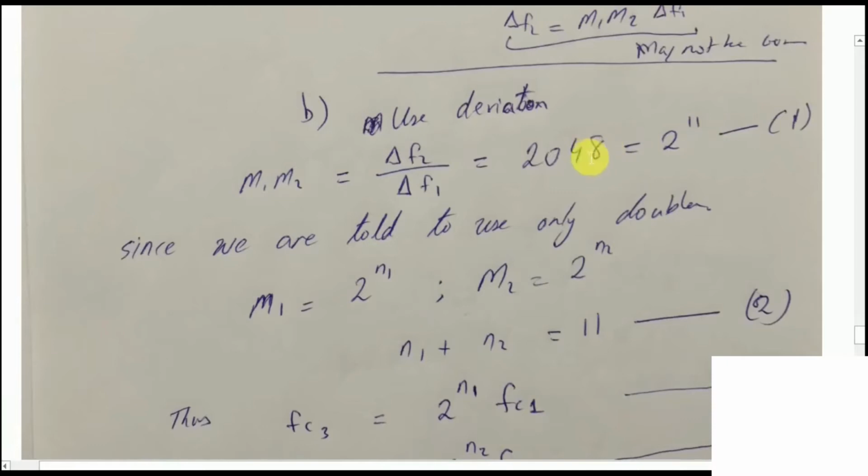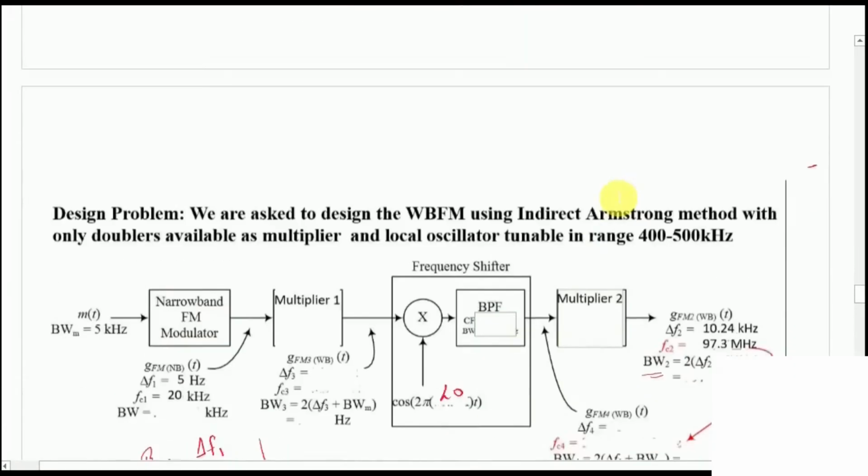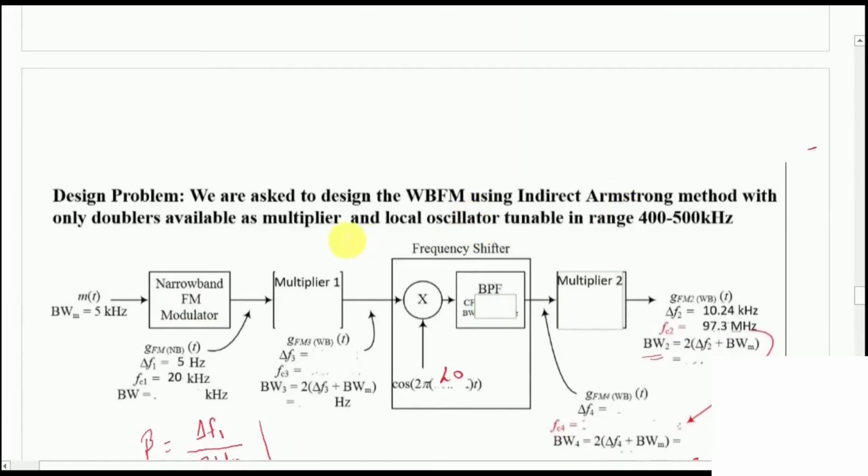Why have we written 2 to the power 11? This is because it's in terms of doublers. We need to find multipliers in terms of 2, as given in the constraint of this question, that we can only use doublers, right?